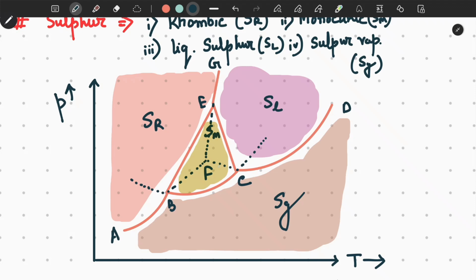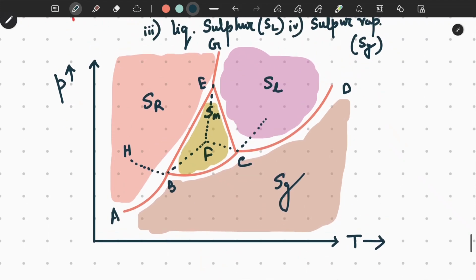F, H, E, F, G, H. Okay. So these are the points. You can see these areas: the SG area, SL area, or SR area. In these areas, the number of phases is one. Correct?